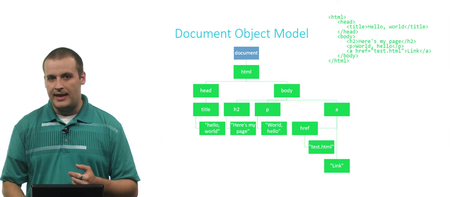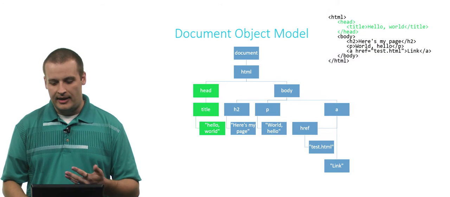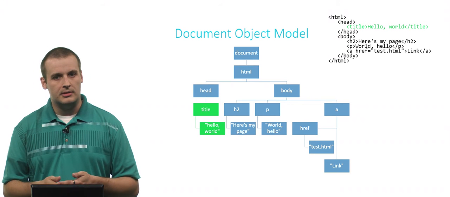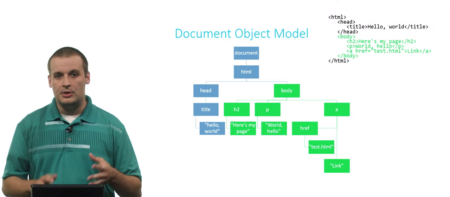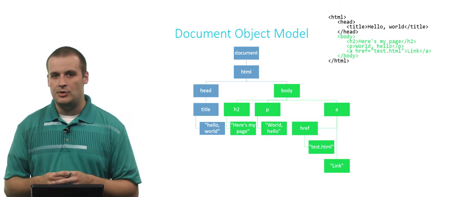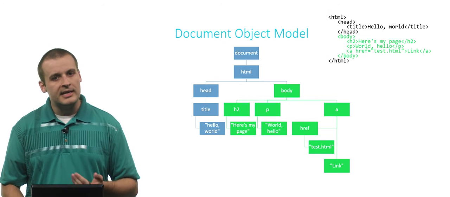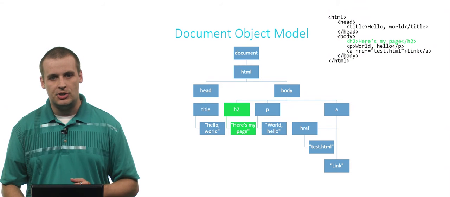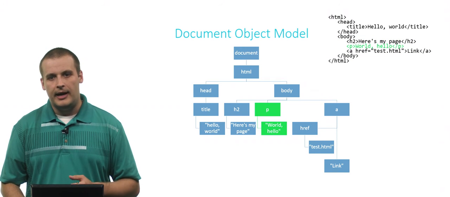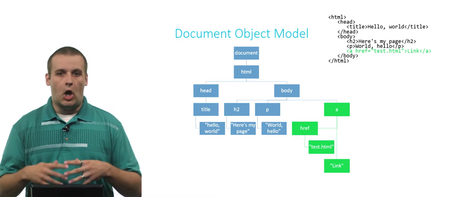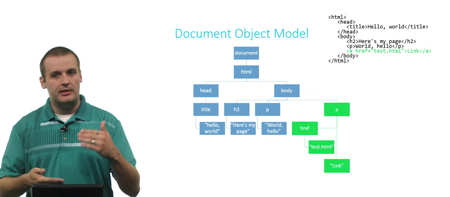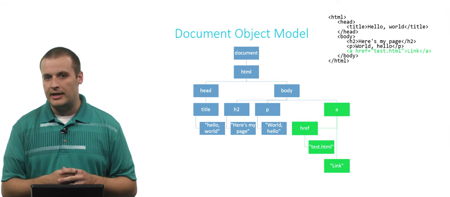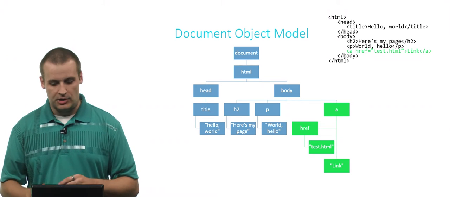We can look specifically at the head, and we see that inside of the head there is a title, and inside of the title there is some text, hello world. And we can also look at the body, which is an entirely different segment of the object or of the tree, inside of which is each of those three individual pieces, the H2, the P, and the A tag. And all of that can be represented in a tree, which maps, as you can see as I'm highlighting the text in green on the HTML, to a section of our HTML as well.